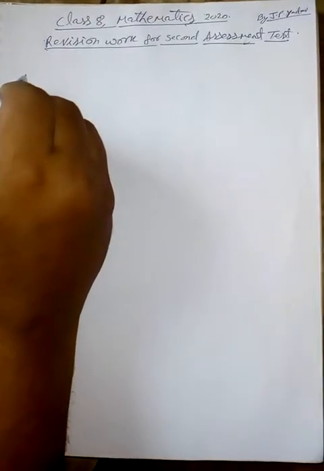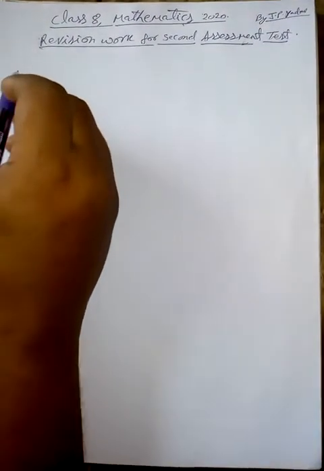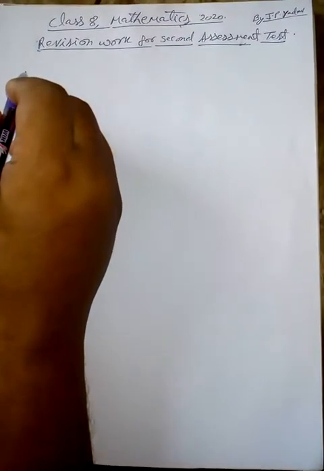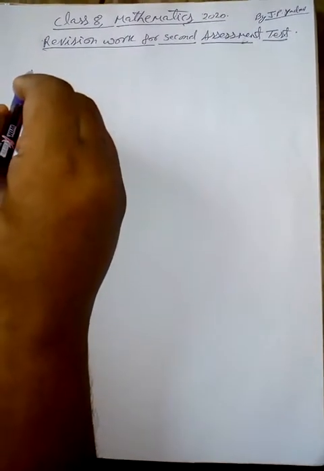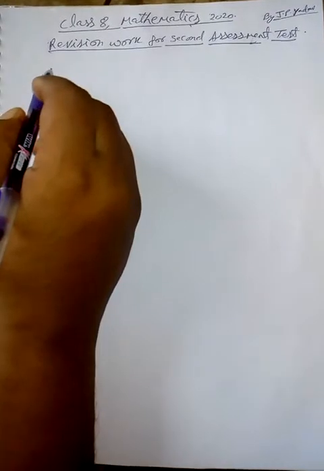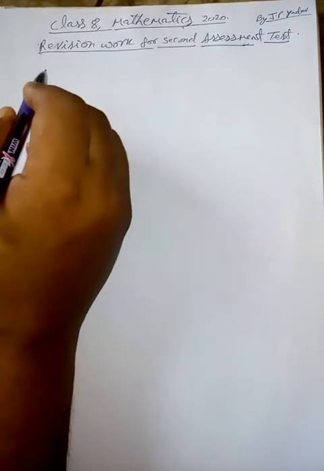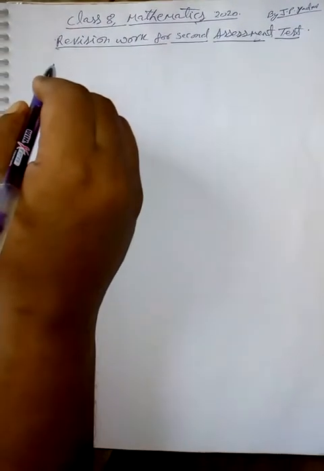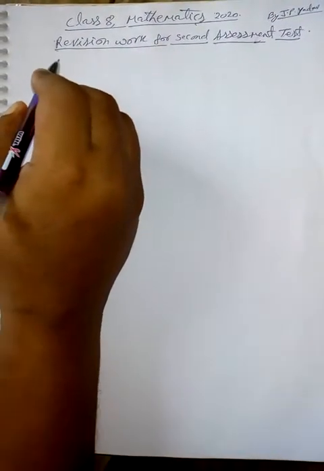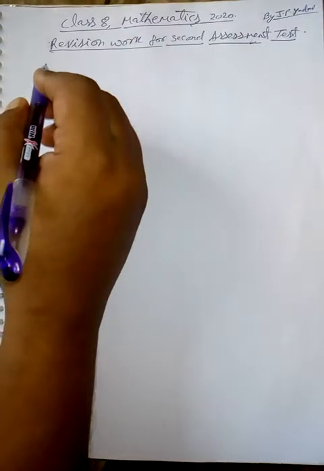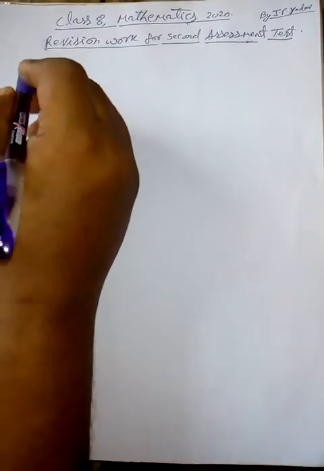Students, today we are going to do the revision work for the second assessment test, which is going to start from 12th of June. So I would like to make sure that you do all the types of revisions of various types of questions. So it is better that I help you in this.